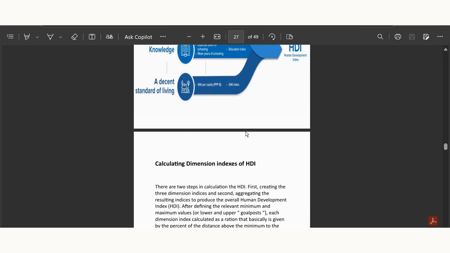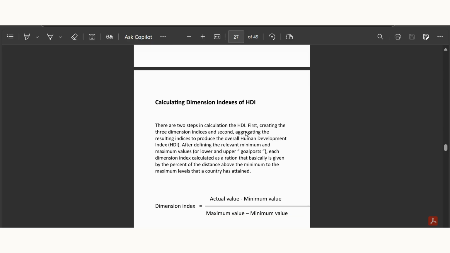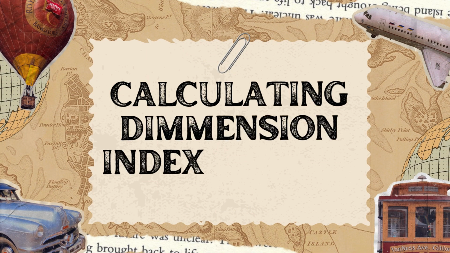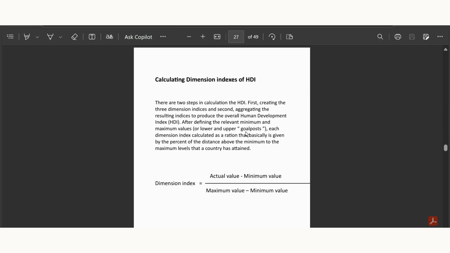Now let's talk about how to calculate the dimension index of HDI. There are two steps in calculating the HDI. First, creating the three dimension indices, and second, aggregating the resulting indices to produce the overall Human Development Index.